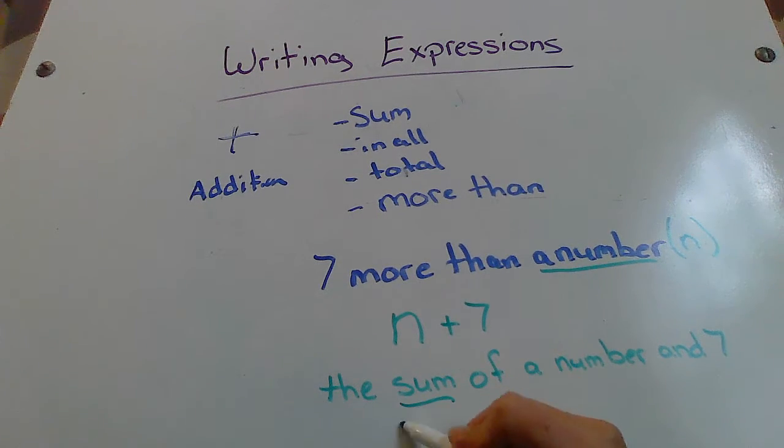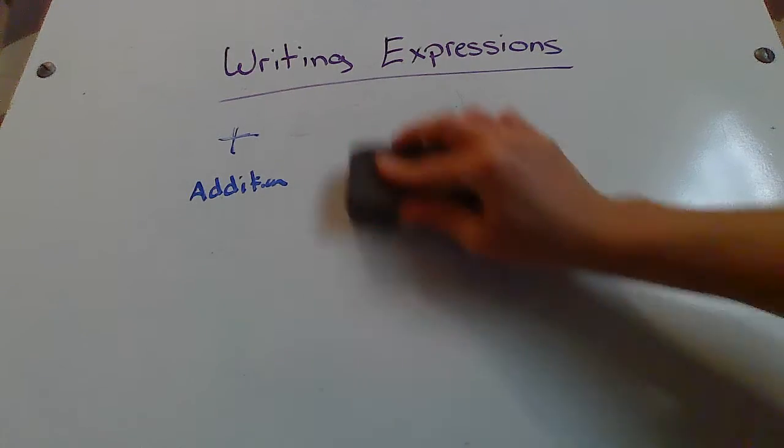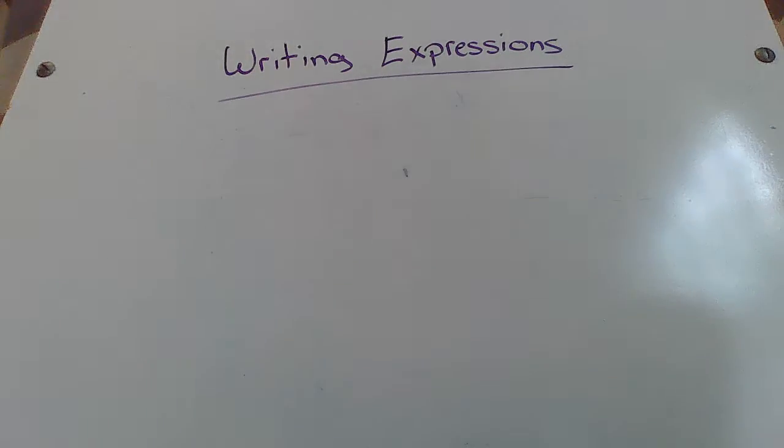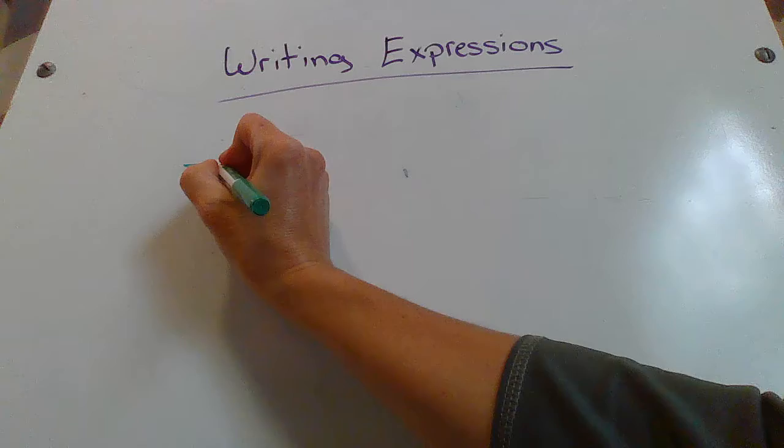Instead of sum, write the total of a number and 7. How much would it be in all? But the more than is usually the trickier one for addition because you do want to be careful with how you write that.